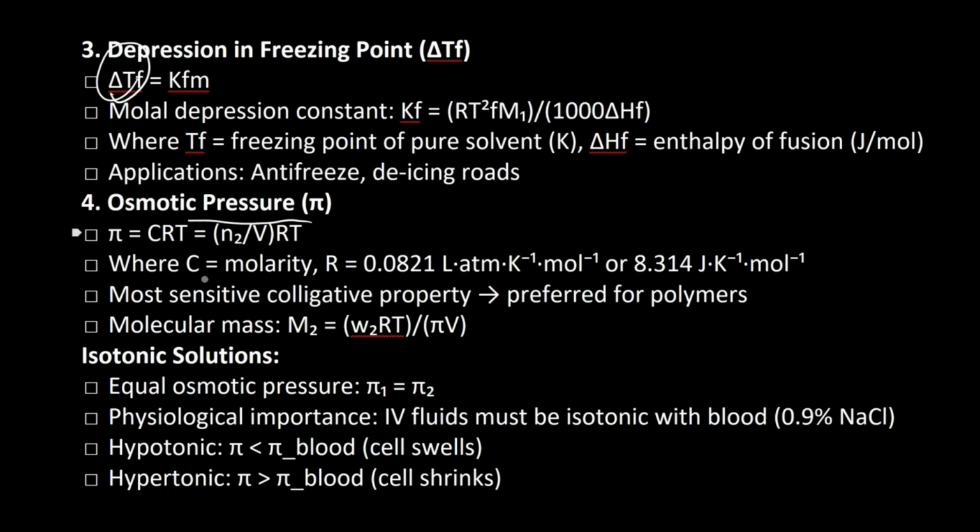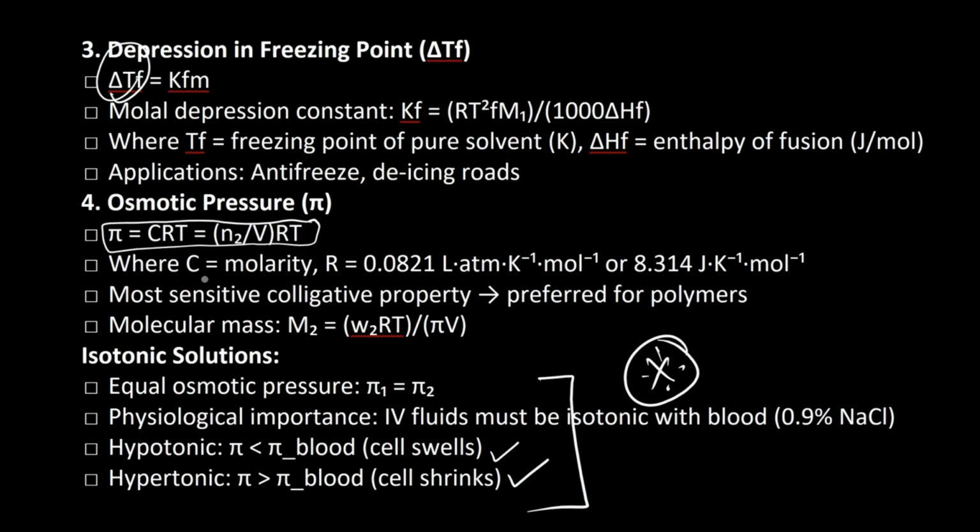Very simple questions can be asked from osmotic pressure, but the extra concepts in osmotic pressure will be asked in boards also. This is a very, very important concept for your boards as well. Equal osmotic pressure means pi 1 is equal to pi 2, and whenever a hypotonic solution is there, swelling will happen. In a hypertonic solution, the cell will shrink.